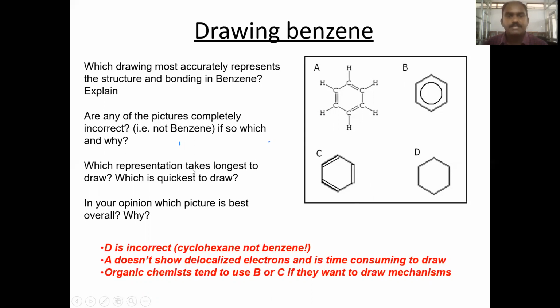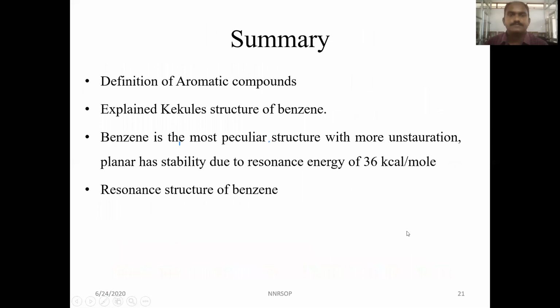Which representation takes longest to draw and which is quickest? The B structure is quickest to draw and the A structure is longest to draw. In your opinion, which picture is best overall? The B structure would be the best overall. So these are some questions which we can answer.